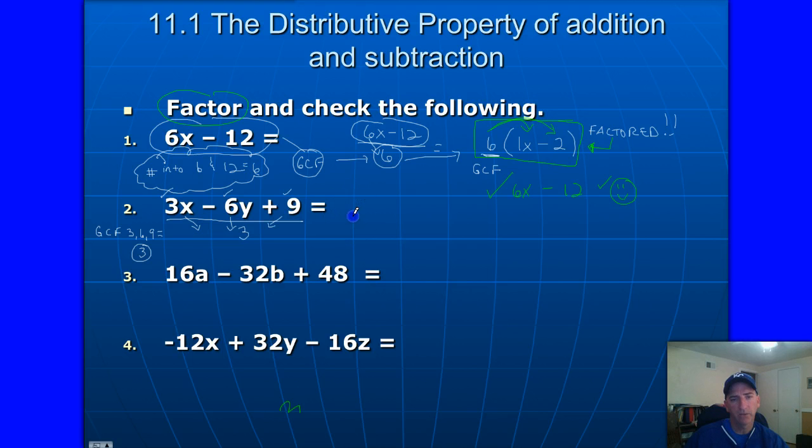And I'm going to write 3 on the outside, put a parenthesis there, and go 3 divided by 3 is 1, x, that came from here, and then the minus sign from right there. 6 divided by 3 is 2, don't forget the y, plus 9 divided by 3 is 3. And there it is. This is factored form.